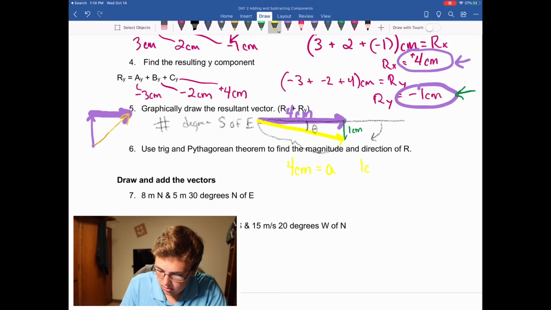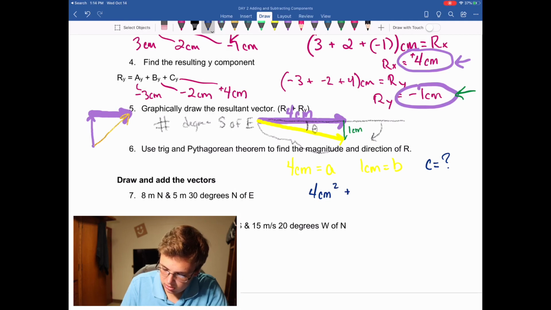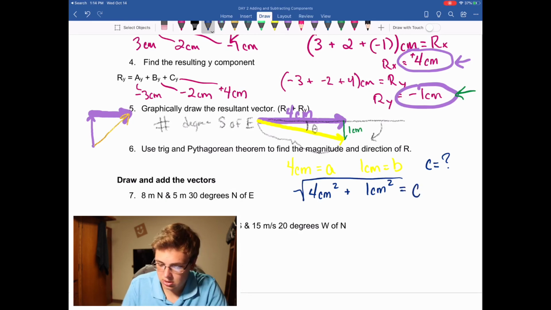We know 1 centimeter is B. And we're looking for C, so 4 centimeters squared plus 1 centimeter squared, square root all of this, that is going to equal our C. So the square root of 17 centimeters squared equals C.